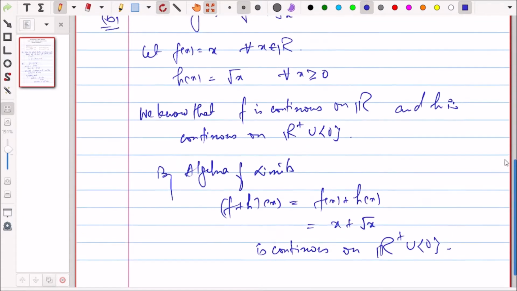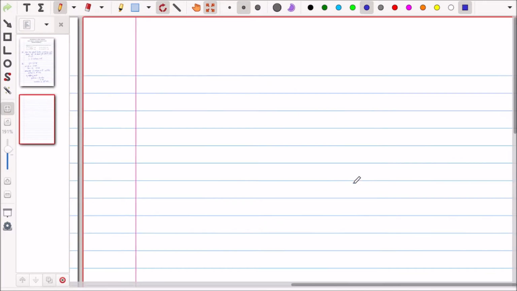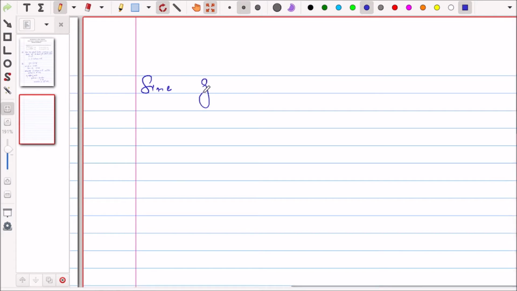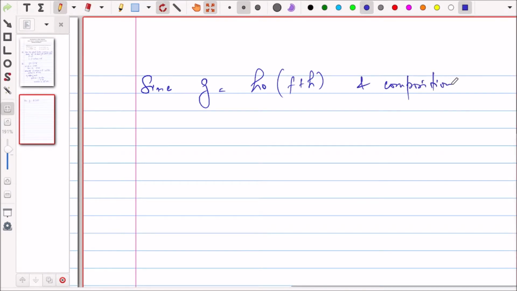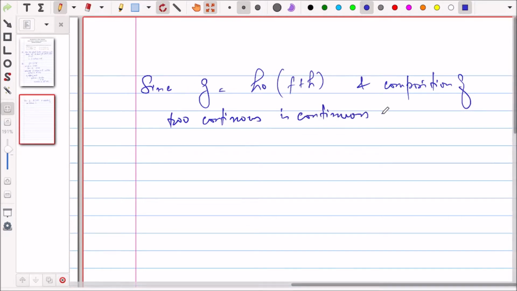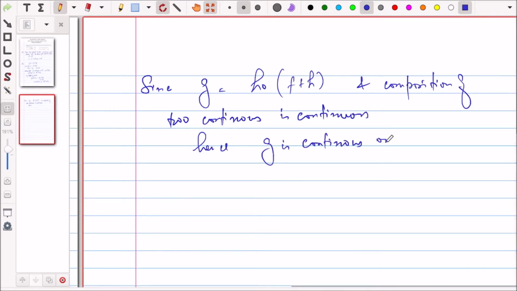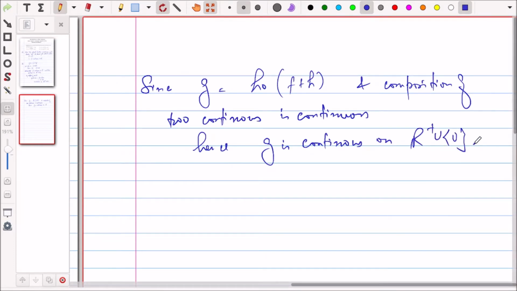And again, g is equal to h of (f plus h)(x), and since the composition of two continuous functions is continuous, hence g is continuous on R positive union 0, the set of all non-negative real numbers.